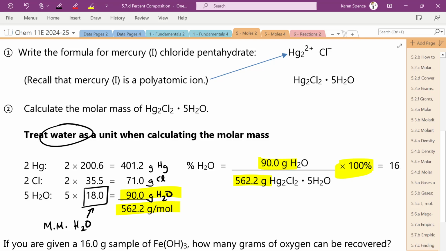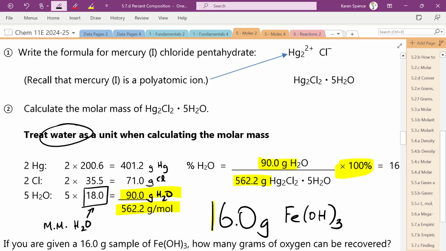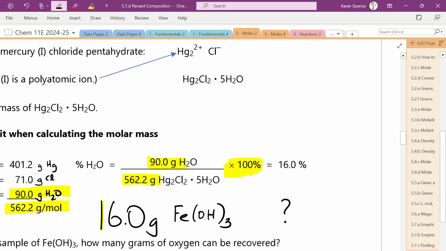Why don't you guys cover up the answer and see if you can solve this problem? We have 16 grams of FeOH3. How many grams of oxygen can we get from this?